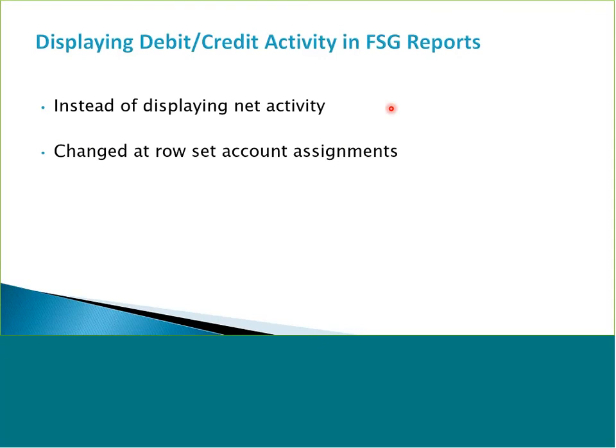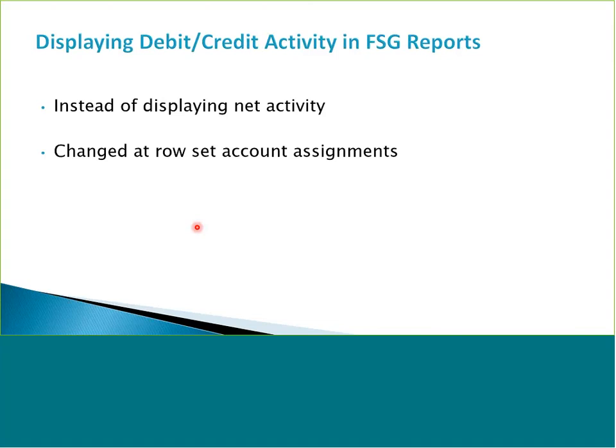Okay, so the other thing I wanted us to look at is how we can display debit or credit activity in FSG reports. So if we go to our row sets, we'll see that we've been running all our reports to display net activity, okay? But net activity is what?